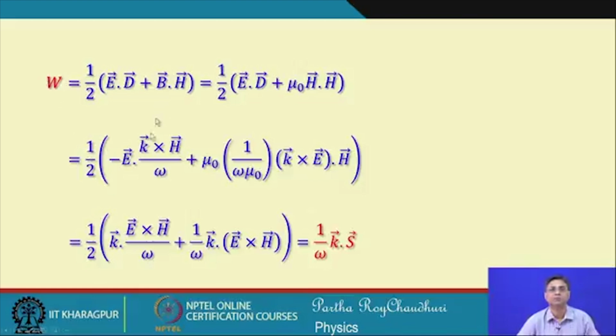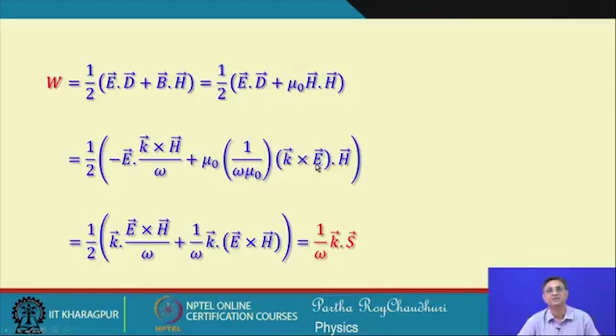So, if we simplify this, we can write this equal to half of minus E dot k cross H, because for D we can write k cross H by omega with a minus sign, and for B we can write k cross E by mu omega, and one mu is already here.